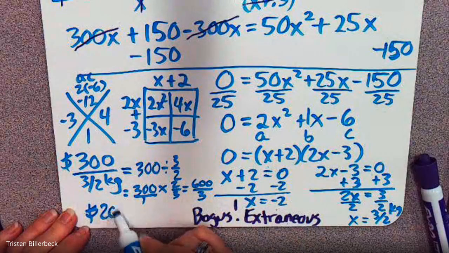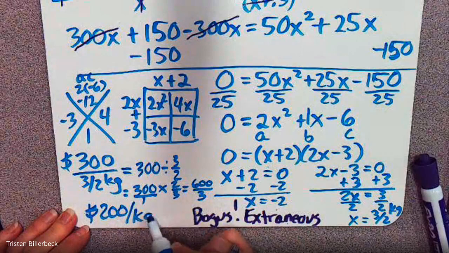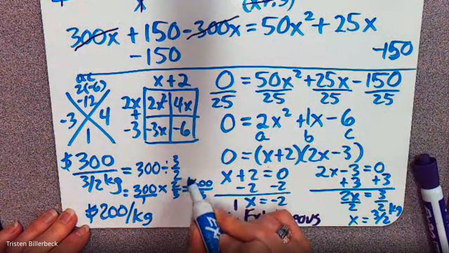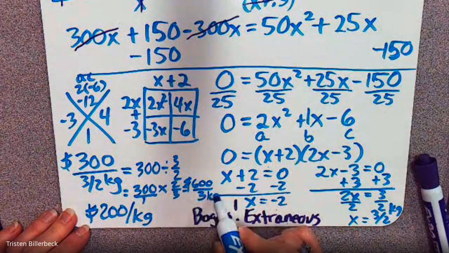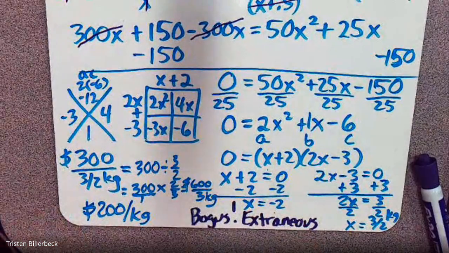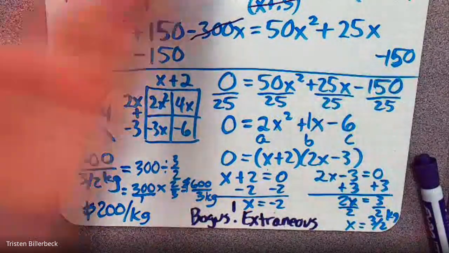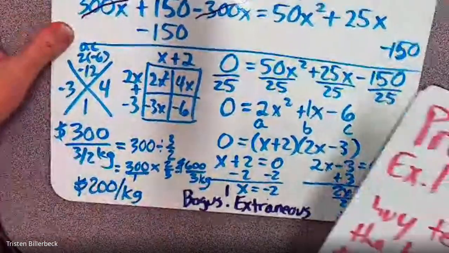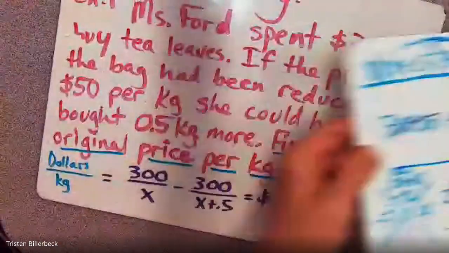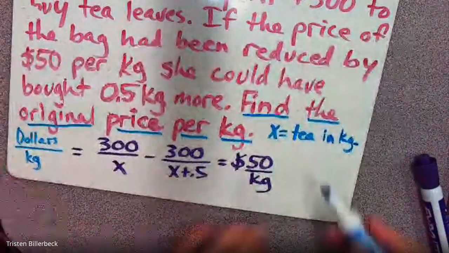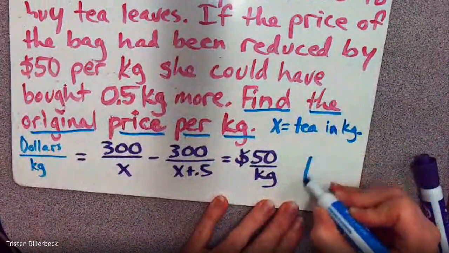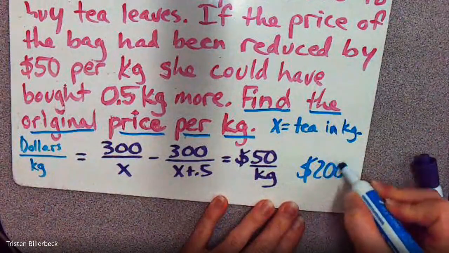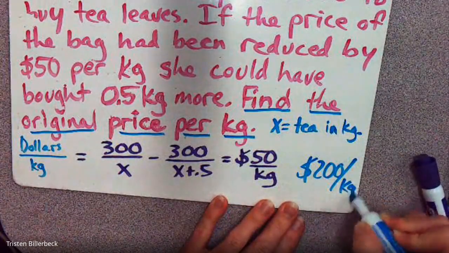So it's $200 per kilogram. So that was dollars and kilograms down here. So after all this fabulous work, we are putting the answer down. The right answer: the original price is $200 per kilogram. There we go.